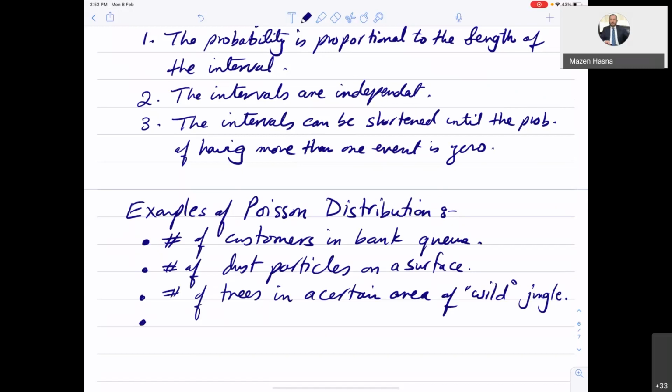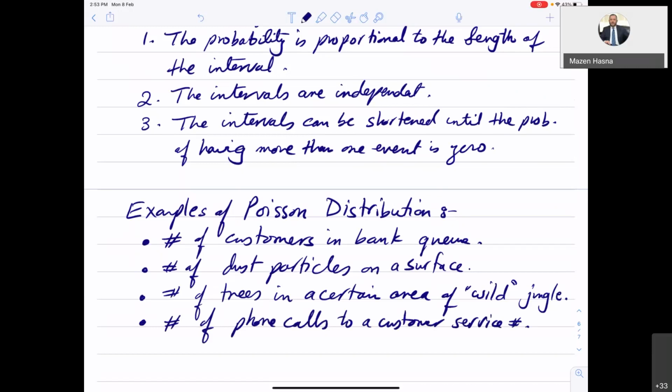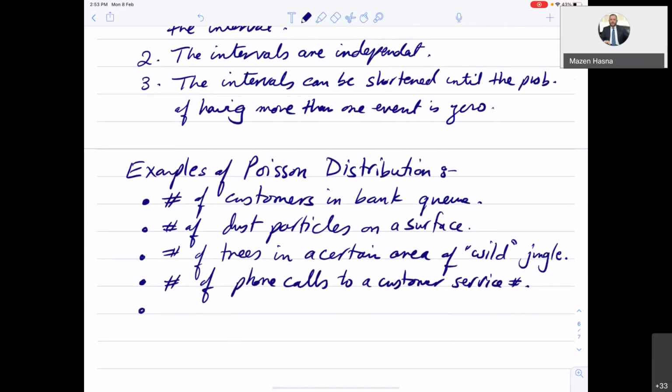Also, with Poisson, the more examples we talk about, the more it's clear in your head. Number of phone calls to a customer service number. The number of people who call like 180 or 999 or any customer service number in 1 hour is different, right?